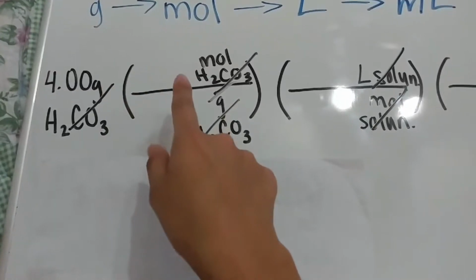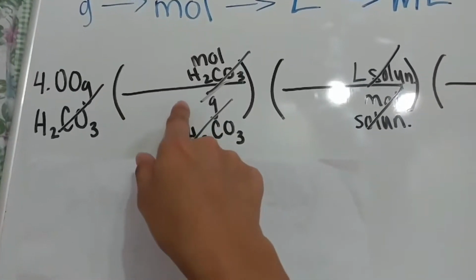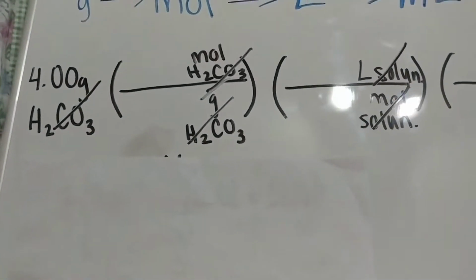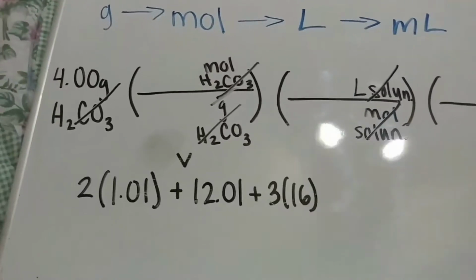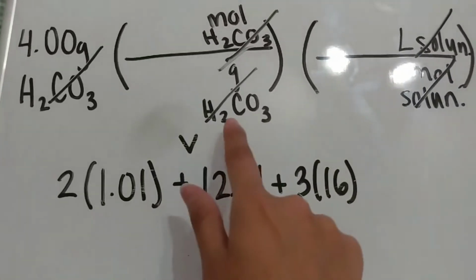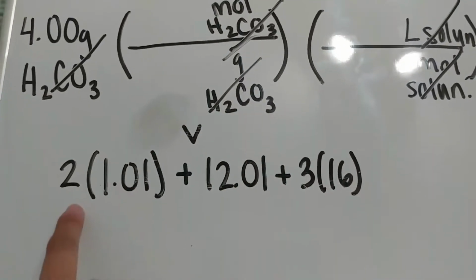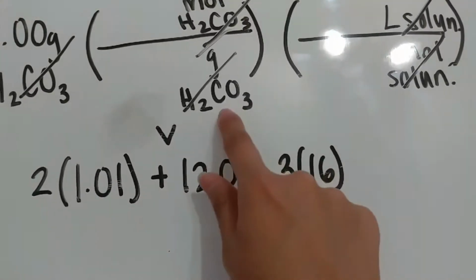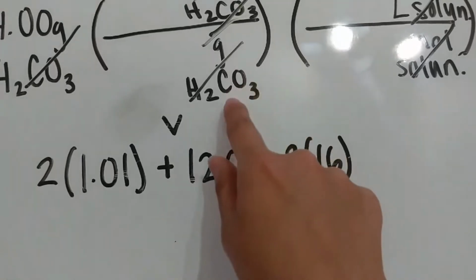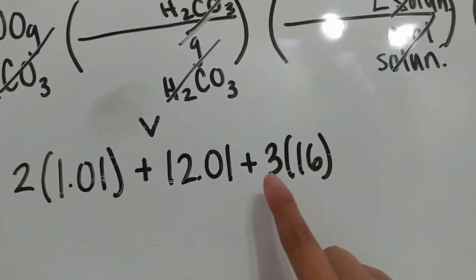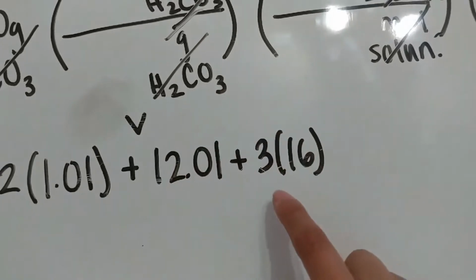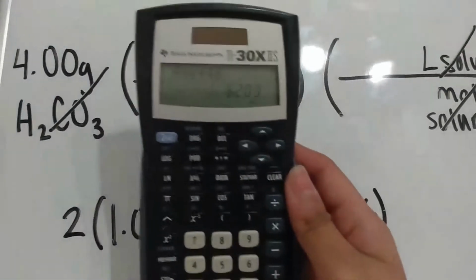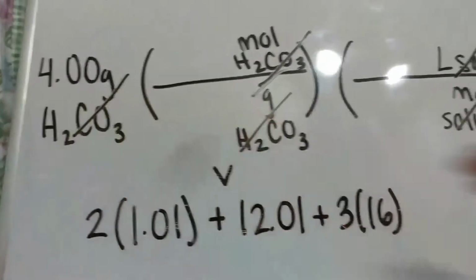So for grams to mole, we would figure out the grams of carbonic acid by adding up its atomic mass. Since there are 2 hydrogens, you would multiply 2 times hydrogen's mass, which is 1.01, plus carbon's mass, which is 12.01, and there's only one of them, which is why you only put 1, plus 3 oxygens, so 3 times oxygen's mass, which is 16, and the answer for that would be 62.03 grams.